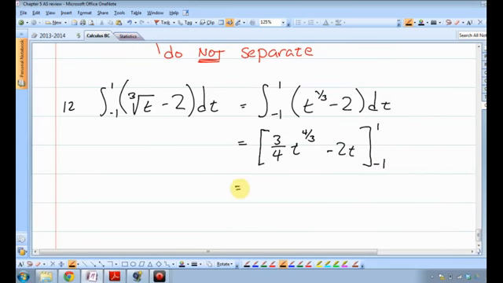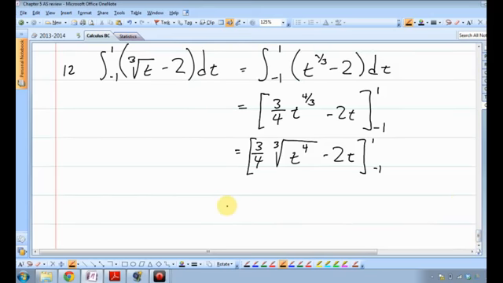Let's see, can I do more here? Yes, I can. 3/4 of the cube root of the 4th power of t minus 2t. Maybe that'll help us out when we substitute.